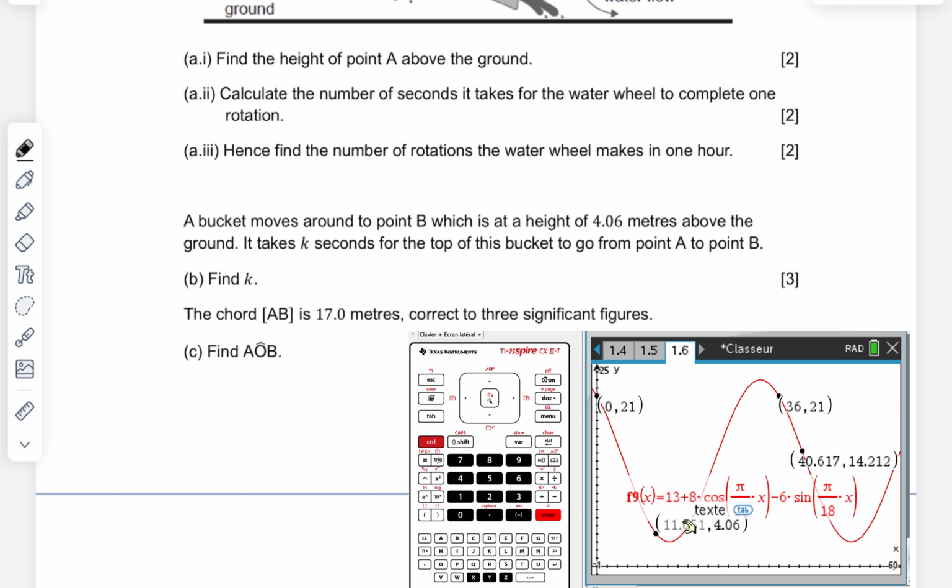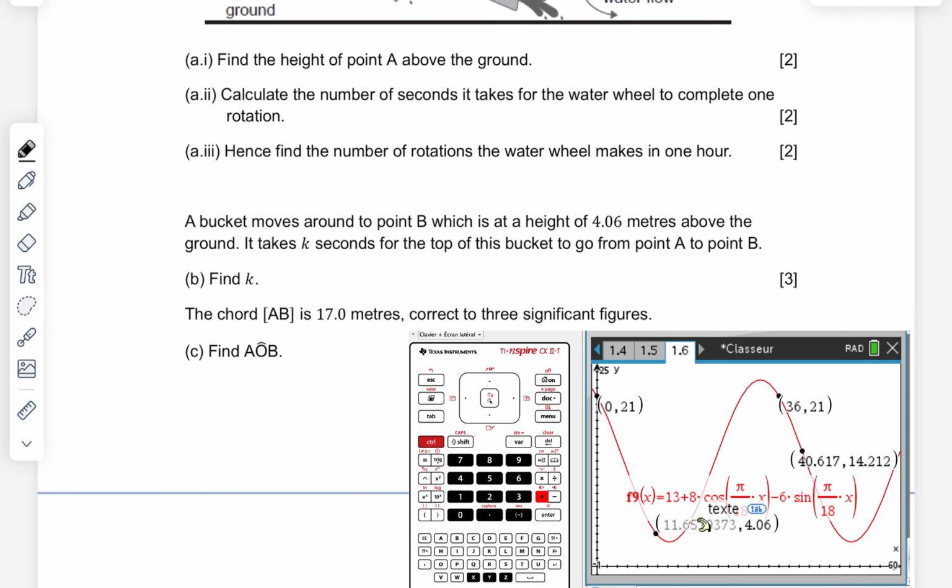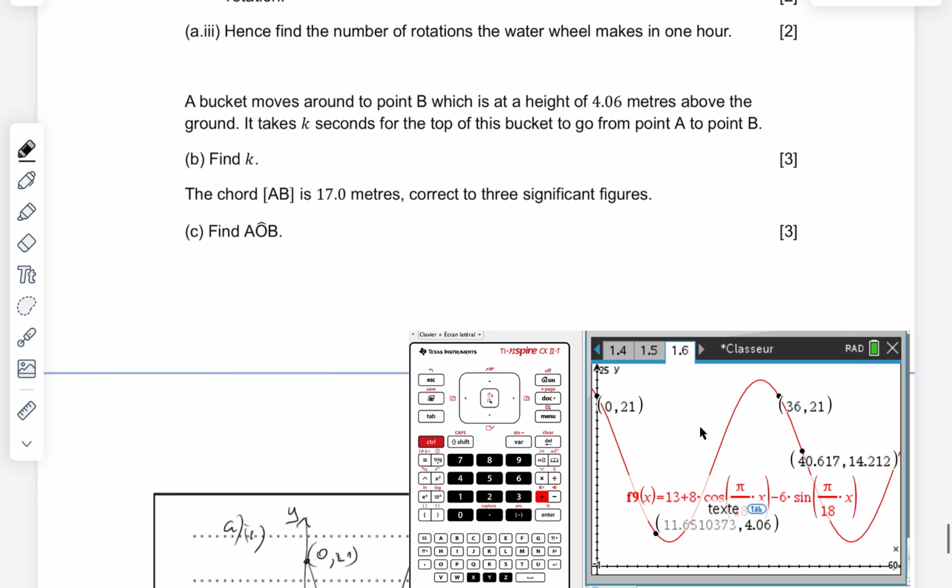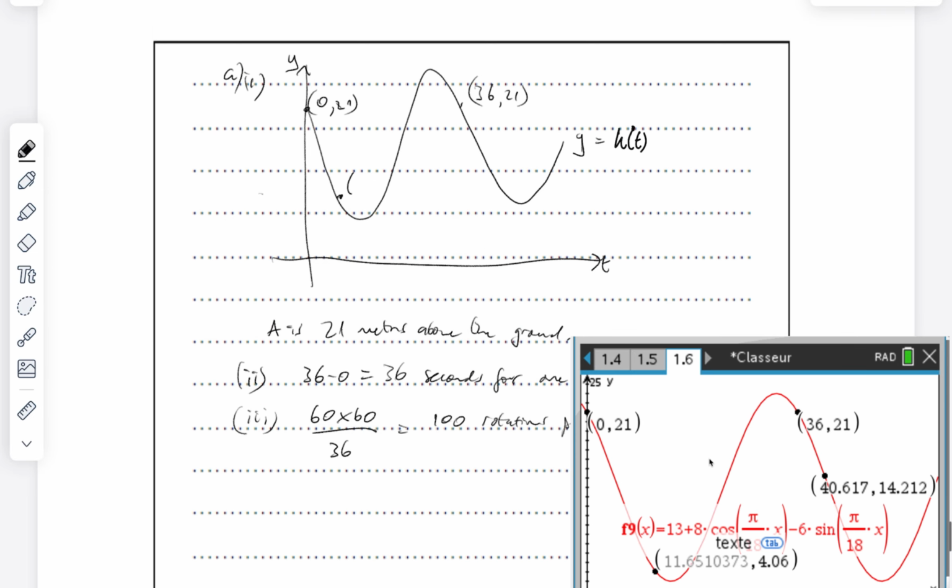I can see more if I want to by doing plus on that. 6510373. So that's how many seconds it takes to get from point A to point B. That's point B. So that's our value of K. And finally, it gets me to 21.651.